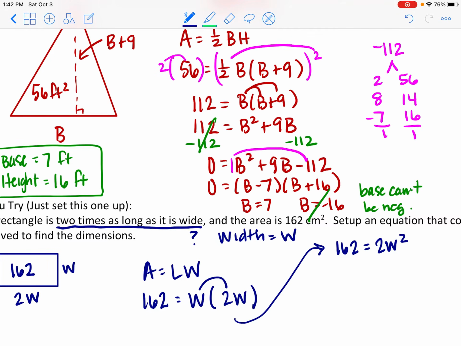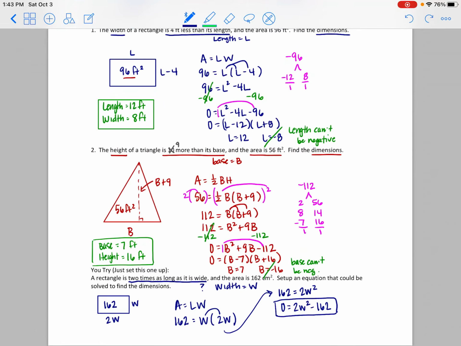And if I subtracted that 162 over, we'd say 2w squared minus 162 equal to 0 is the equation that we would be solving to figure out what our width would have to be. Now, if you had stopped at the previous step, I would totally have taken that as a correct answer. But if we were going to actually solve, we would want it in order and equal to 0. Okay? So hopefully you feel all right with that.